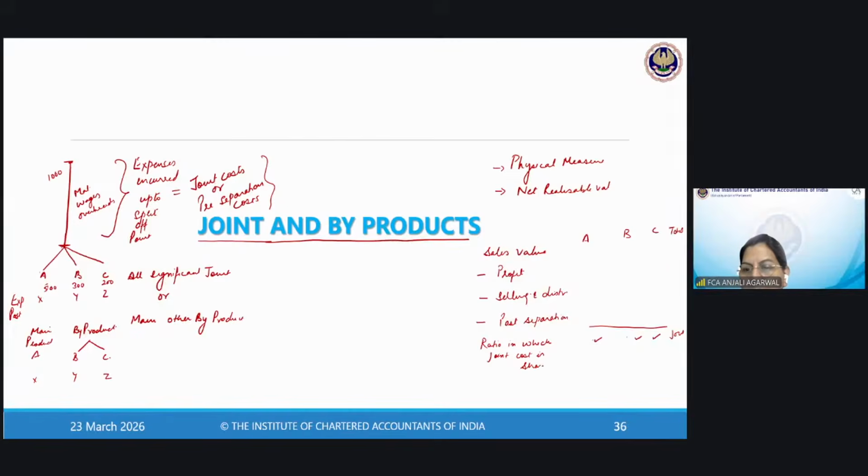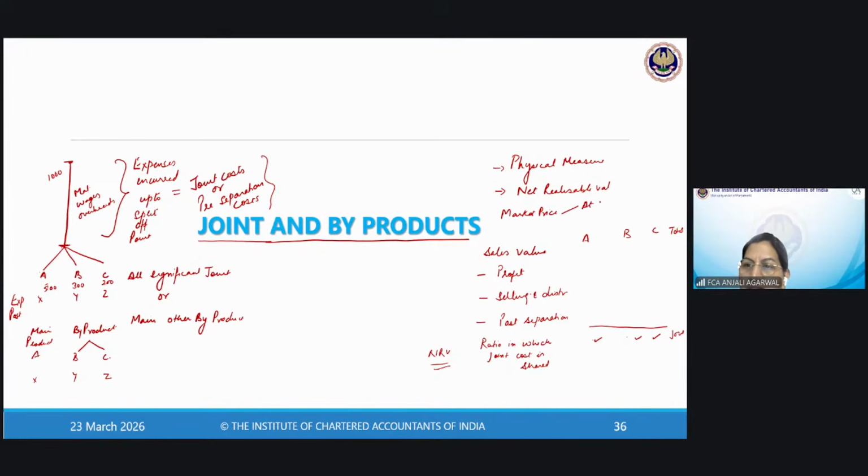If you don't have information about selling and distribution, ignore it. If you don't have information about profit, you can ignore it. But if you have only post-separation expenses, you can start with that. This becomes a kind of net realizable value. Sometimes the market price of the product is given at the split off point also.